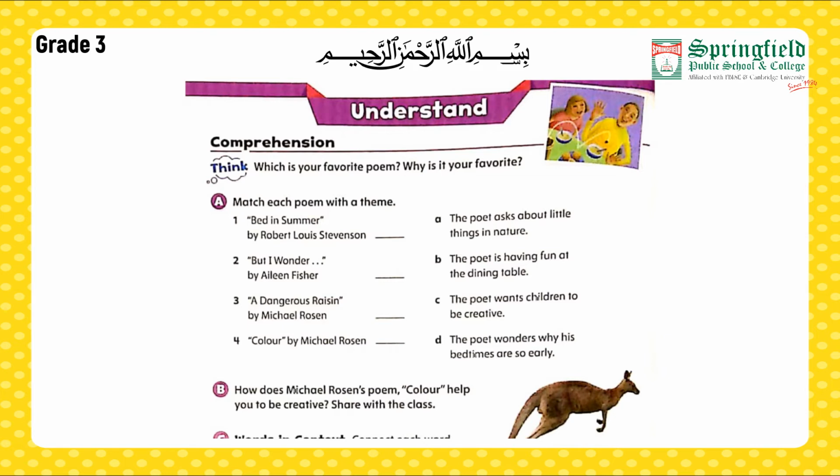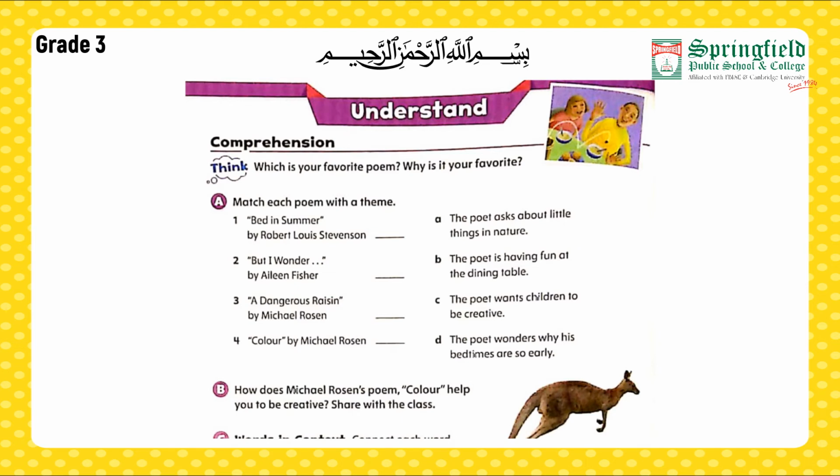The poet is having fun at the dining table. The poet wants children to be creative. The poet wonders why his bedtimes are so early. So, Bed in Summer matches with our part D. The poet wonders why his bedtimes are so early. In this way, you have to read the poem first and then match it with its proper theme.